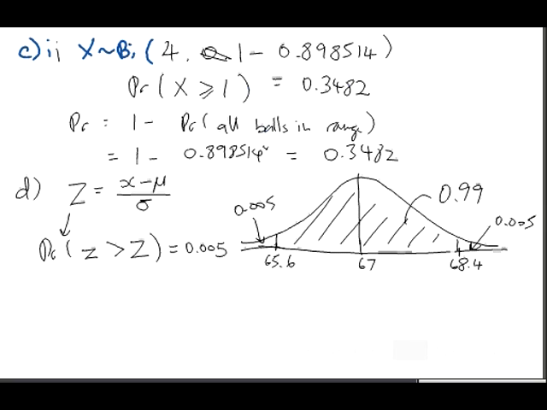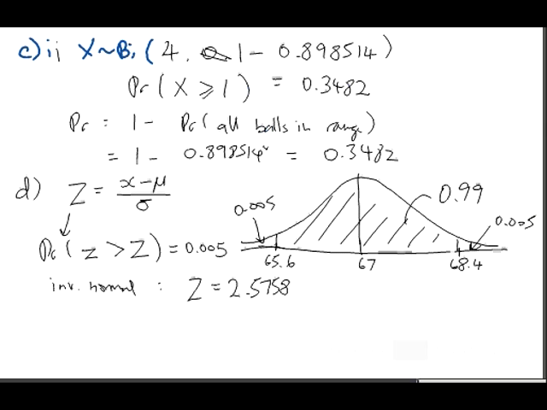You can use your inverse normal, right? Inverse normal, and you'll find that z actually is equal to 2.5758.